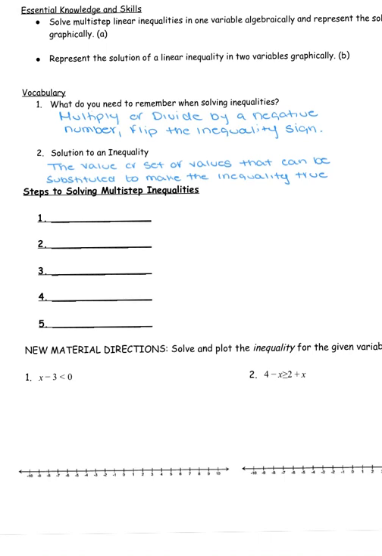All right, so now let's look at some steps that we need in order to solve multi-step inequalities. The first thing we always need to look for is to see whether we need to distribute. Then the next step is to combine like terms. Both of those are if necessary.